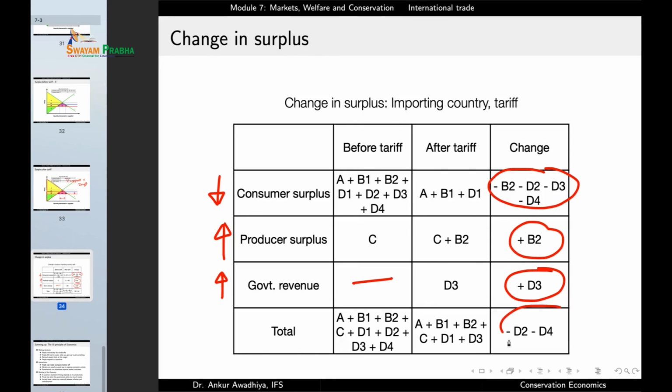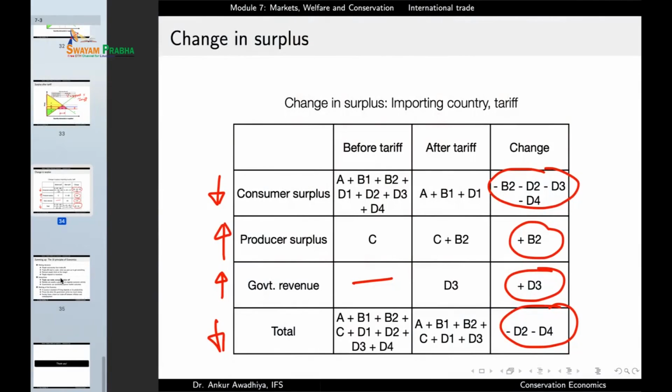The total surplus in this case has gone down, which means that even though putting up the tariff is going to benefit the producers and the government, it is not going to benefit the society in total, because the total surplus goes down with the tariff. And that is one of the reasons why tariffs are not that good for any society.